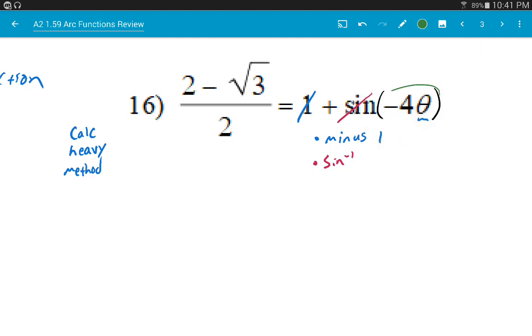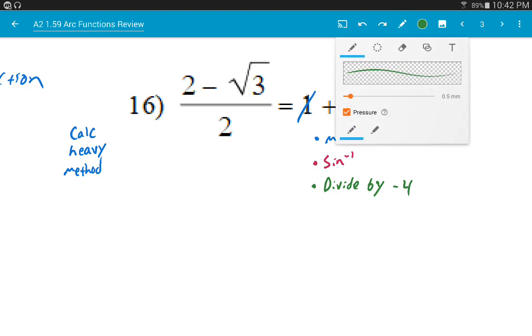Now once I have just this left, negative 4 theta, how would I get rid of the negative 4? Negative 4 times theta, so I would divide by negative 4. And so I'm just going to write that down as a step. Divide by negative 4. And that would get rid of this, and that would get me theta all by itself.